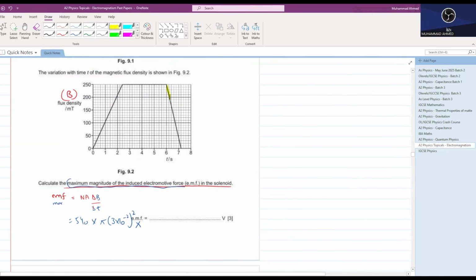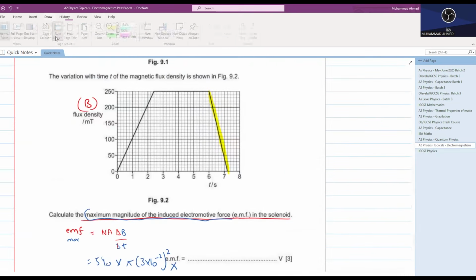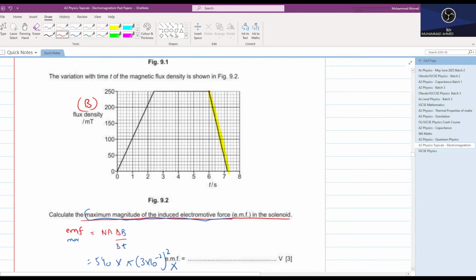Where is the maximum steepness in this graph? Here, this line. How can I calculate the gradient here? Let's take 2 points. Let's say the first point is at an x value of 6, y value of 250. Then we have this point at an x value of 7.2, y value of 0. So can we calculate the gradient here?